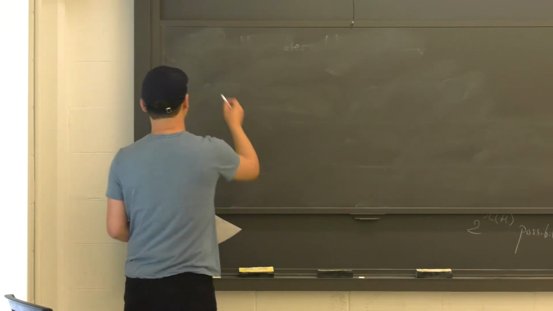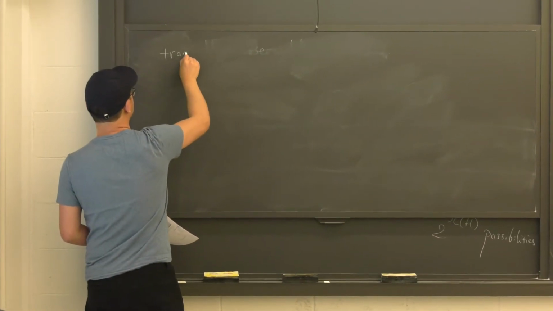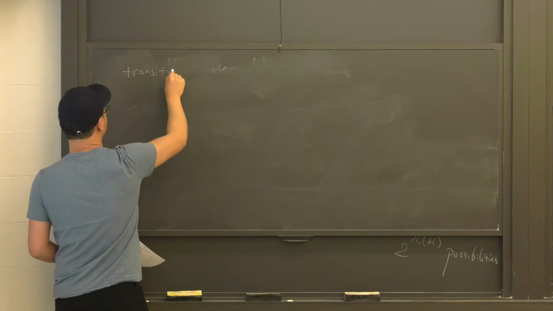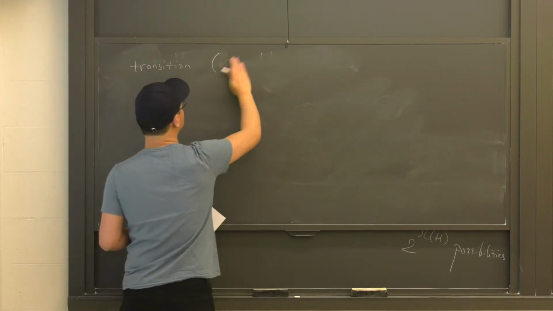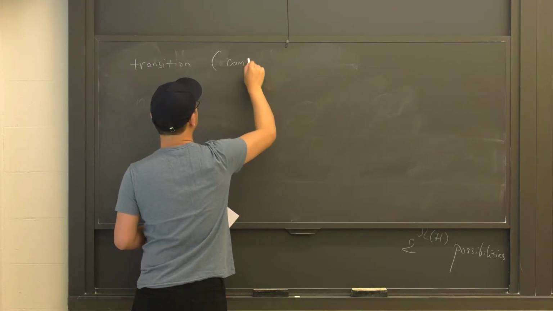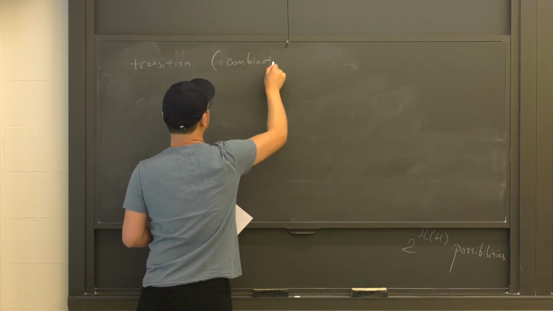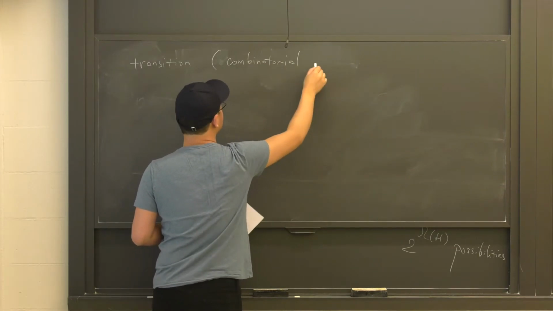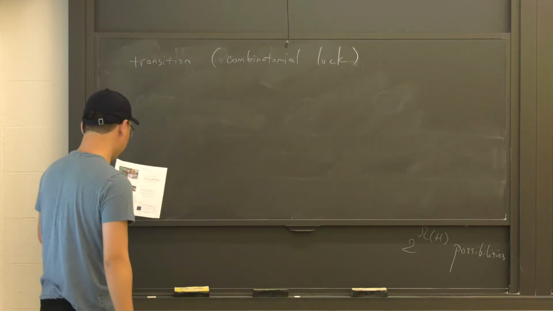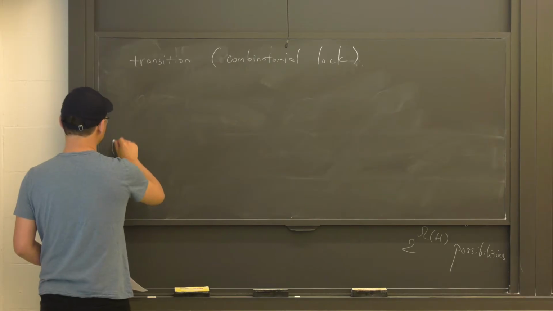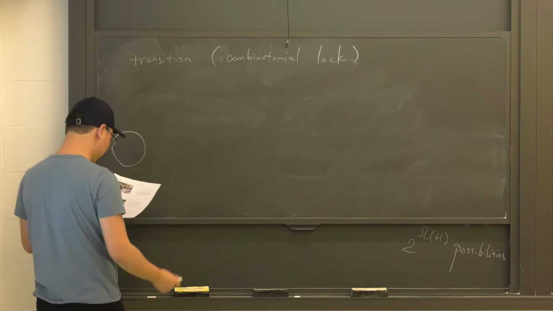And for the underlying transition, we can use the previous construction, the combinatorial lock.